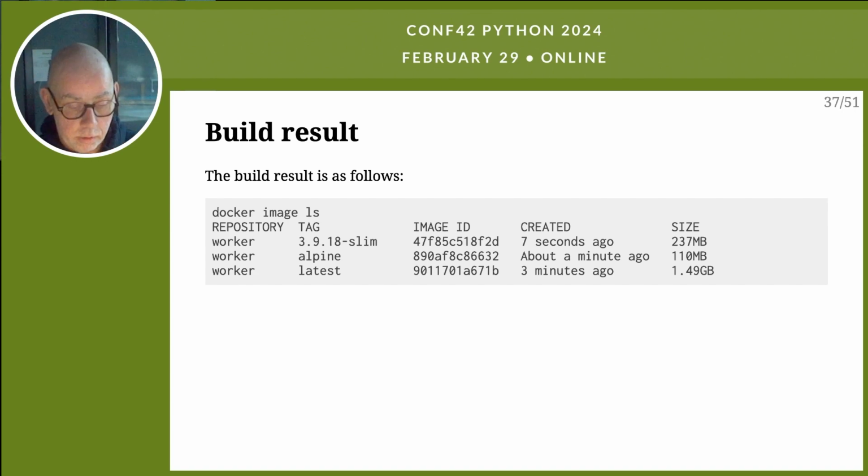If you look at the image which is built on the Python latest image, you'll see that it's more than 10 times as big. It's 1.5 gigs almost. If you take the difference between the two, then you end up with more than 1.3 gigs of stuff that apparently is present in the image but not required to run the application, but it might cause all kinds of hassle, as we'll see later on.